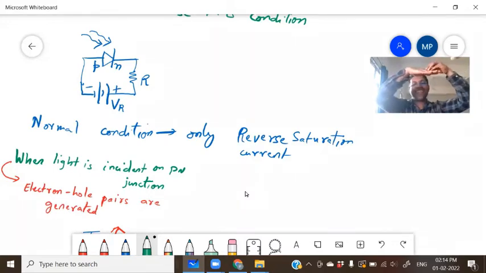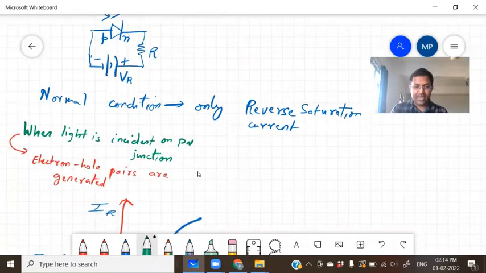The electrons take energy from the light, they come out of valence band, okay? They break covalent bonds and they come out. So when that happens, there is an electron in the conduction band, right? In the valence band, there is a missing electron, which is hole, okay? So as a result, electron hole pairs are generated.